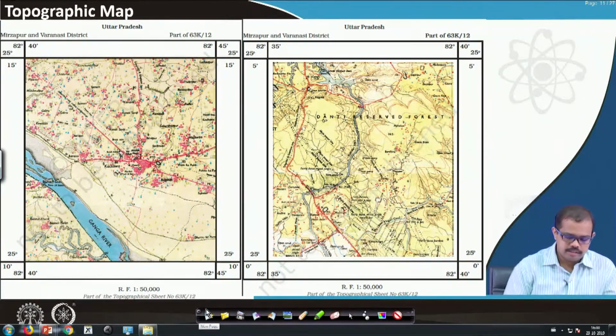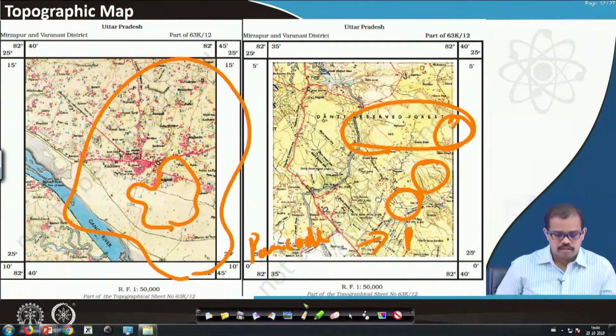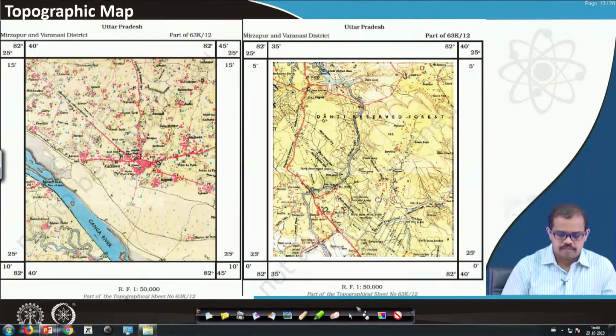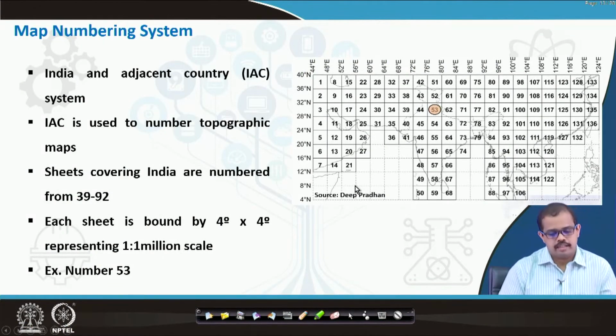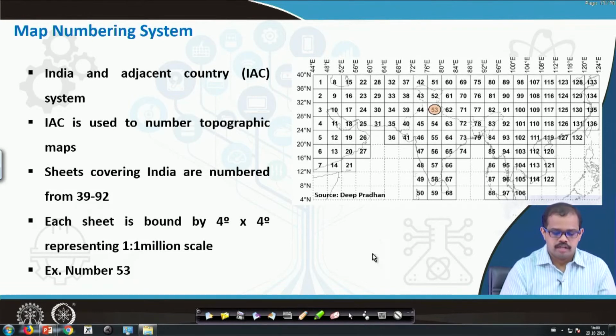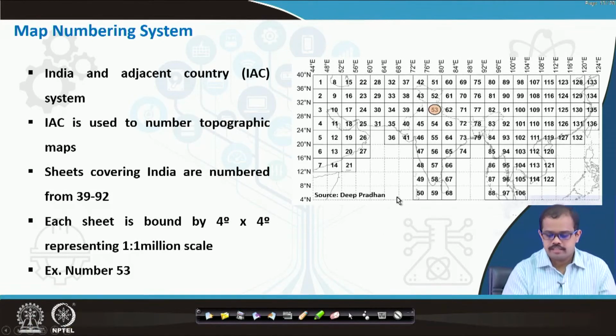So once you have understood this, let's slowly graduate to the next set of representations of a map, how India and country representation is used. If you see this particular representation shown on the right side, you can see how IAC works.